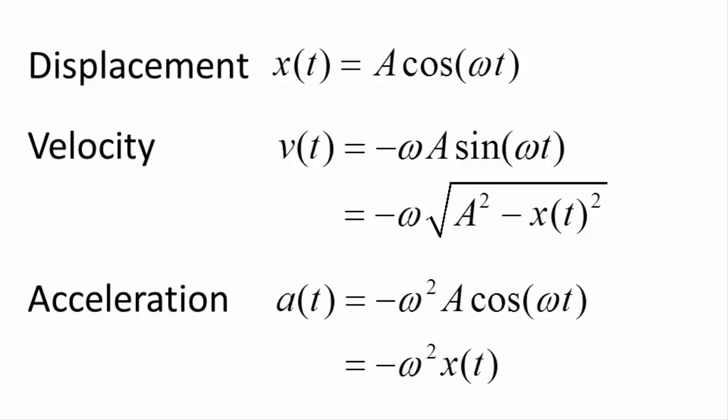Velocity is out of phase with displacement by 1/4 of a cycle, while acceleration is out of phase with the velocity by 1/4 of a cycle, which means acceleration is out of phase with displacement by half of a cycle. The acceleration vector always points towards the equilibrium position and gives rise to the restoring force that is characteristic of elastic materials.